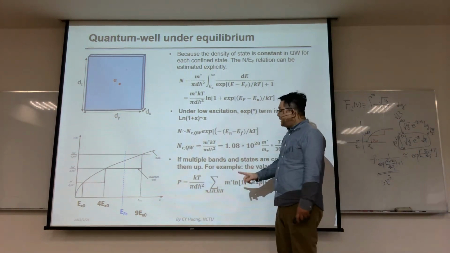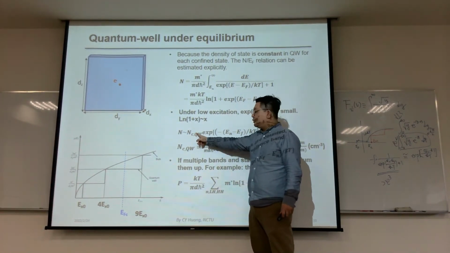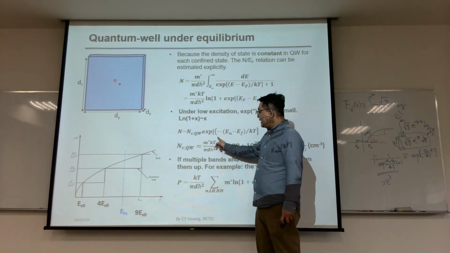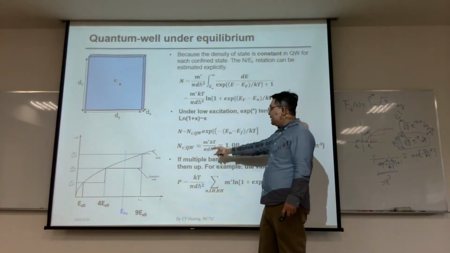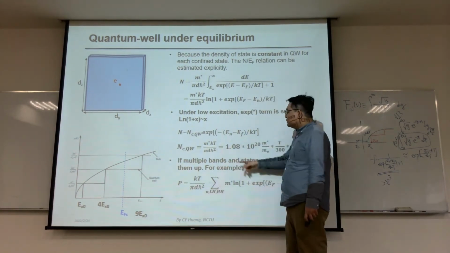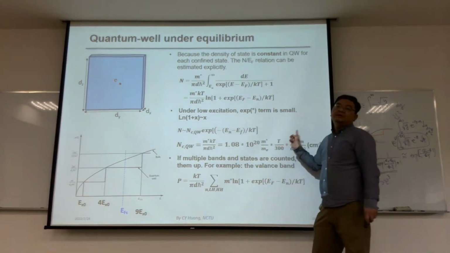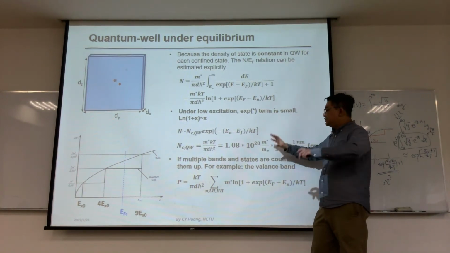Alright. And the effective density of states in 2D is written like this. You can just double check. Nc is written like this. Then we pull all the necessary constants out and package them together.